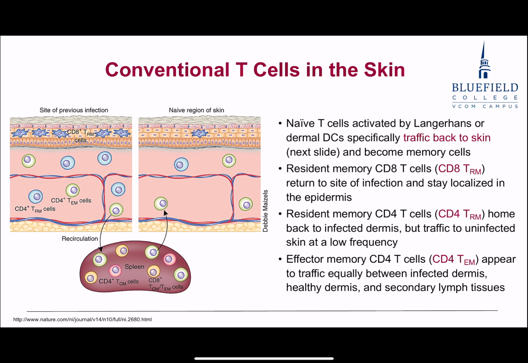Don't know those specific titles. If you remember from our T cell lecture, we said that there were different types of memory cells. There are 3 different models about how different memory cells are generated. That's all you need to know, and you need to know that you've got a mix of different memory cells, but as far as the predominant conventional T cells in the skin, they have a memory phenotype versus an effector phenotype, as far as that long term, not the transient. Does that make sense? Okay.